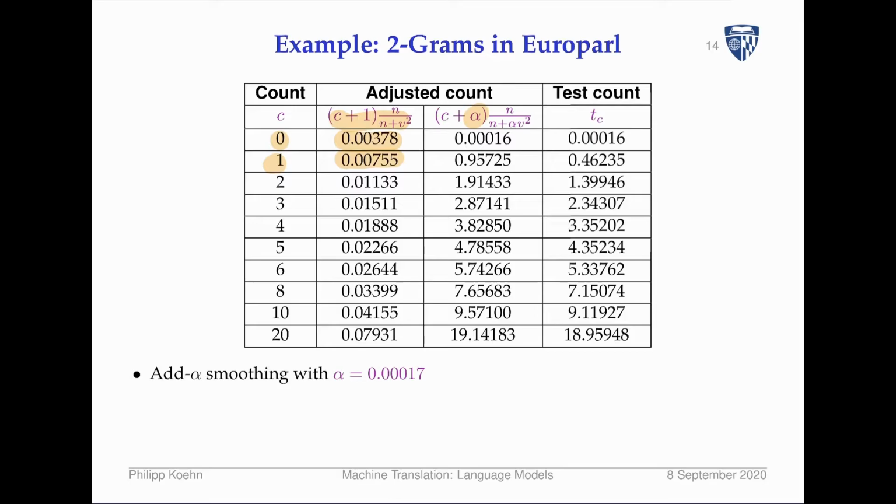So for all the bigrams that never occur, there's a massive number of those. On average, they occur 0.0016 times. So a few of them will occur, and maybe a few of them will also occur more than once, but the vast majority of them will actually also not occur in another corpus.